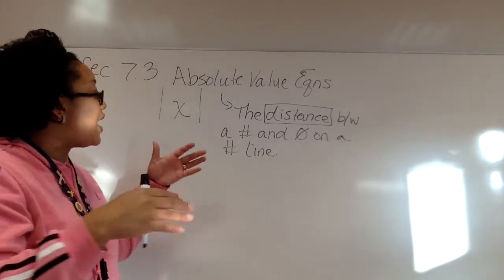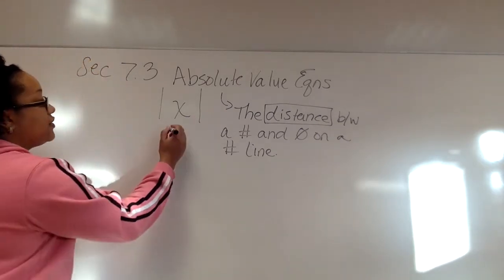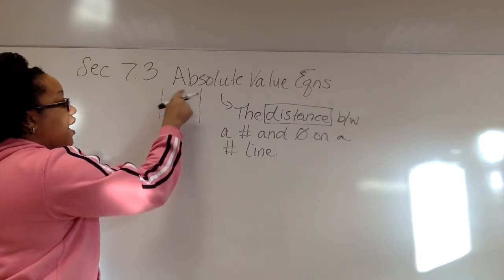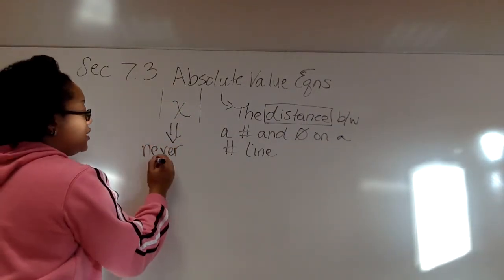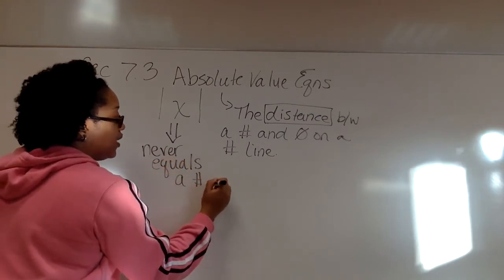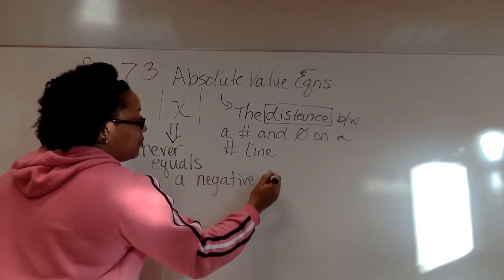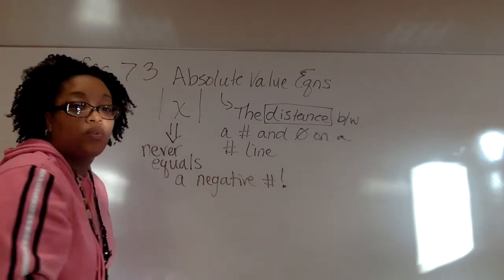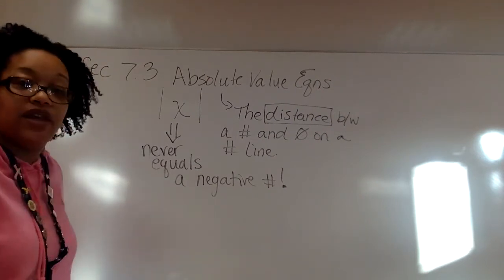So in order for that to be understood with absolute value, what you may remember is that no matter what you have going on in here, it never, and you want to write this down, never equals a negative number. That's the main rule that you have to remember when you're talking about absolute value equations.